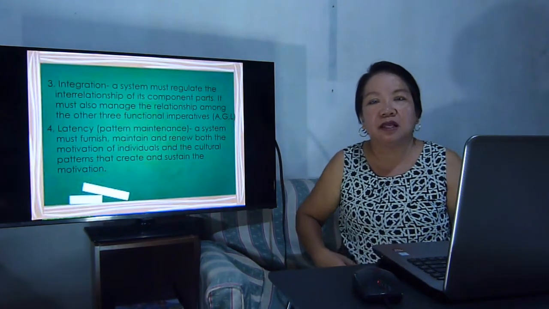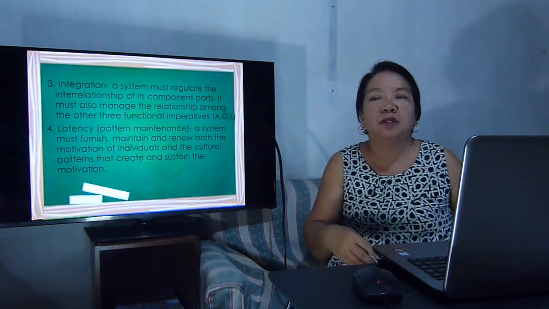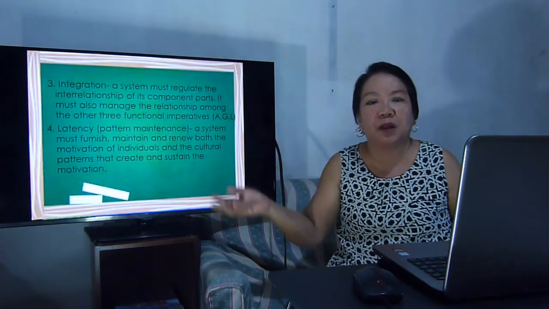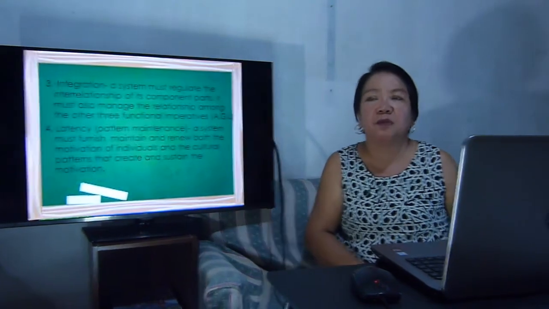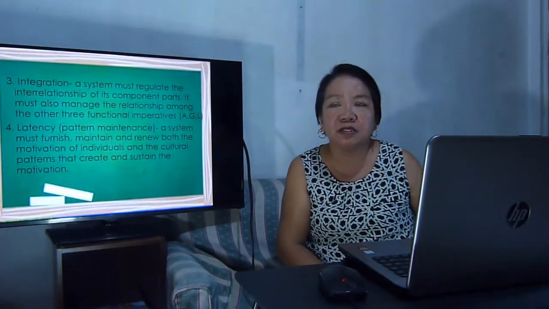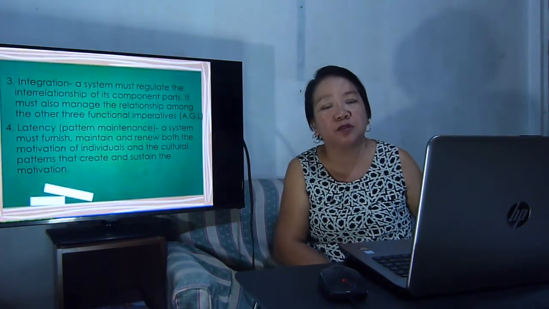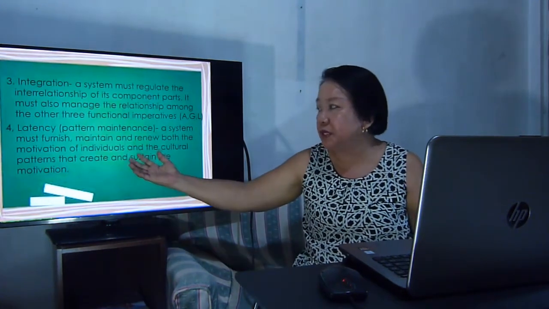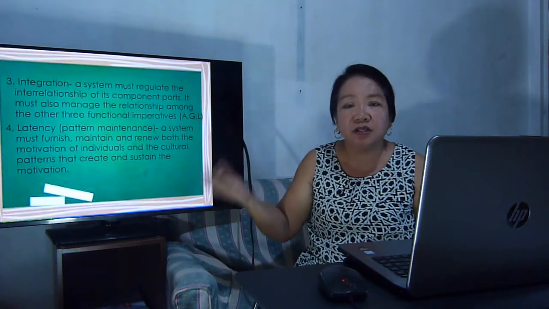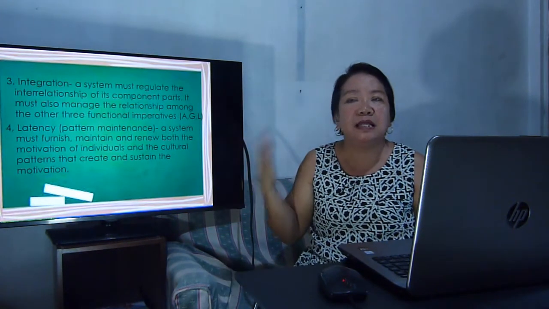The teachers in the elementary, they will come to me and say, Ma'am, there are problems with your practice teachers, or there are problems with your first, second year, and third year students during their observation, and I have to maintain, I have to encourage them also, I have to listen to them.